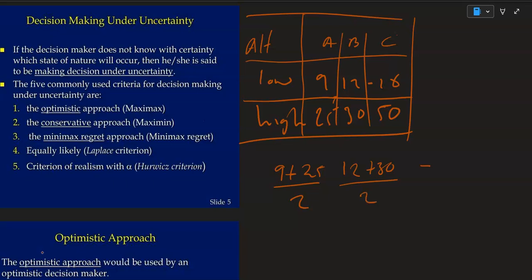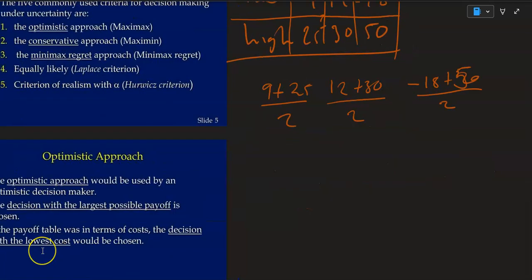And the other one is negative 18 plus 50, divided by 2. Okay, then what do we get from here? We have 9 plus 25, which is 34. 34 divided by 2, that's 17, isn't it? All right. What about 30 plus 12?